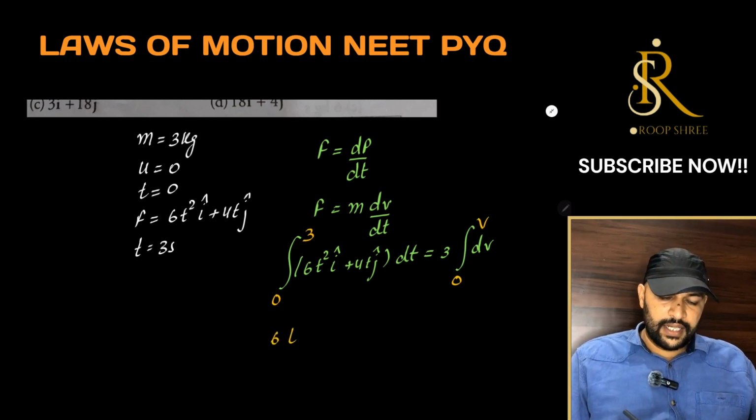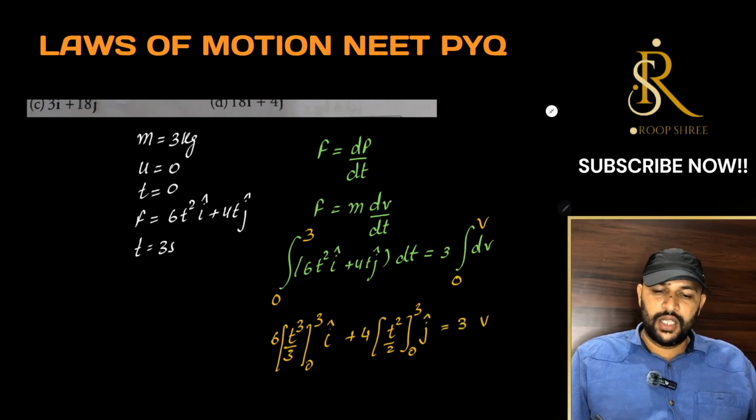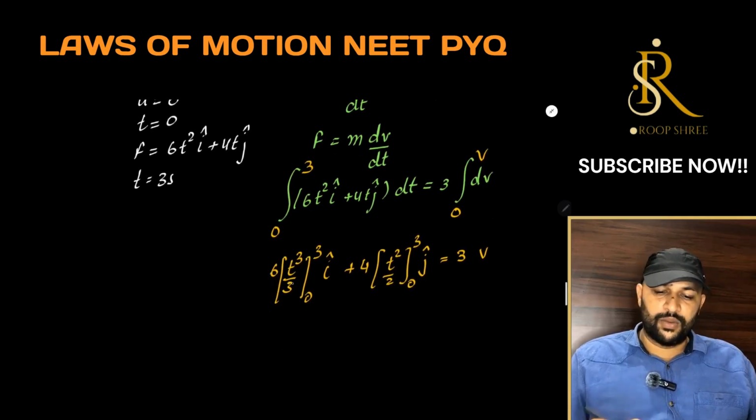So let's integrate it. 6t square integration is t cube by 3, correct? 0 to 3 i cap plus 4 outside, integration of t square by 2, 0 to 3 j cap, that will be equal to 3, and integration of dv will give us v only, correct?